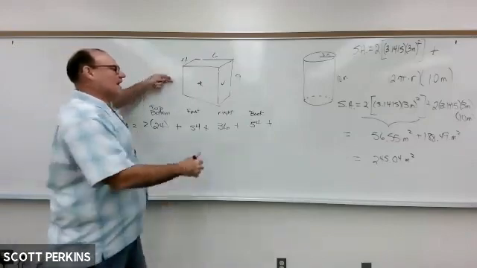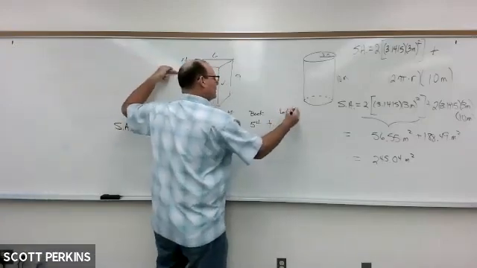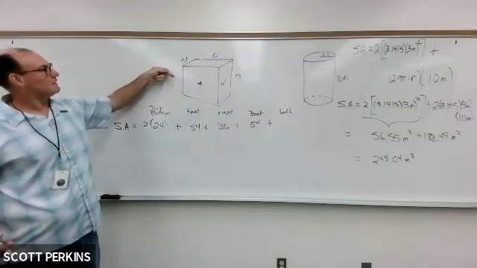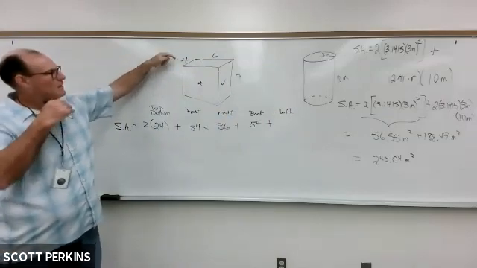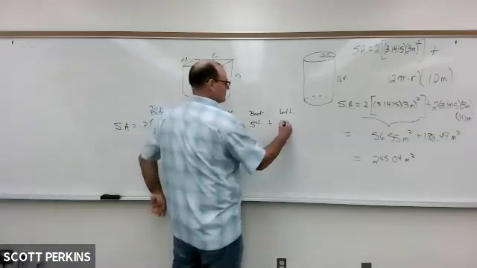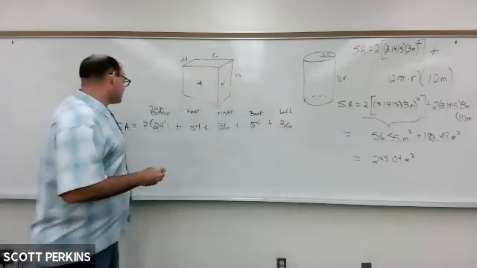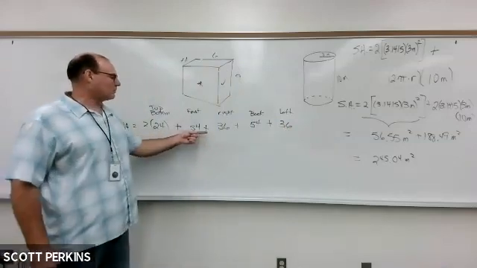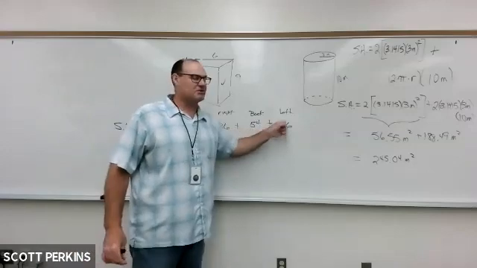And then finally, the left side over here. What are the dimensions of the left side of this? 4 times 9. Yes, 4 times 9, which is 36. And so then at the end of this, I've got 48 plus 54 plus 36 plus 54 plus 36.